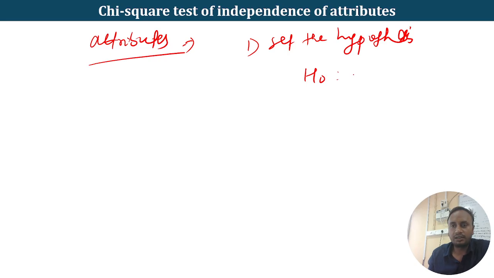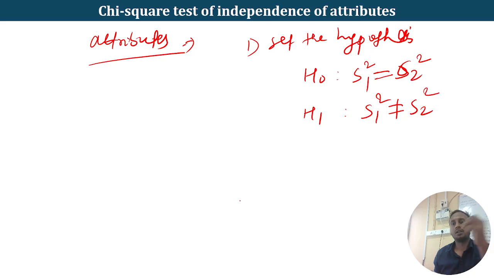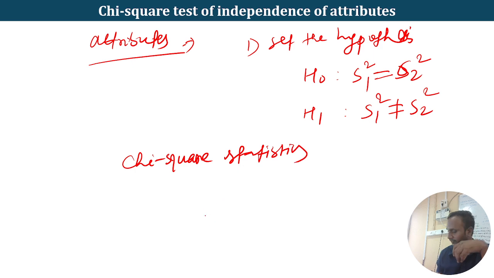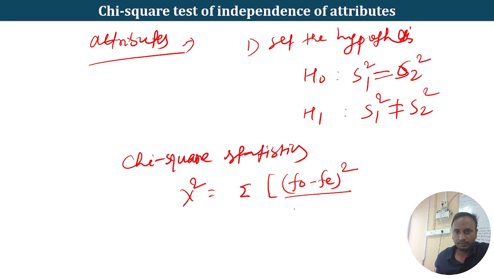Then second one, we'll check the variance, s square. Then chi square: we have chi square equals the summation of observed minus expected, over fe.